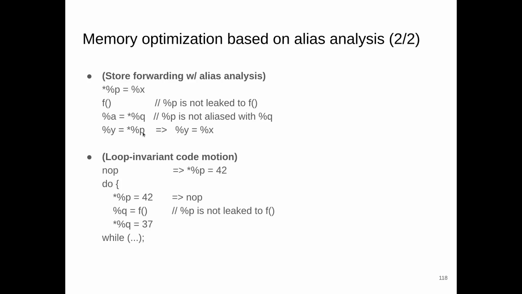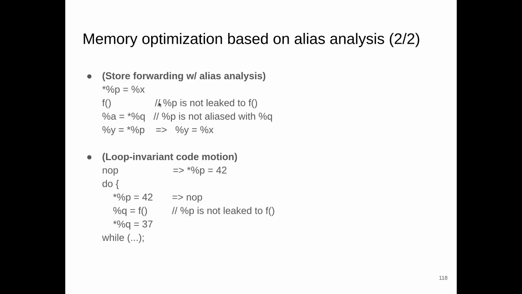So this loaded value should be the value stored here, which is x in this case. So y should equal x, and you can safely replace all the uses of y with x in the remainder of the program. So that is the store forwarding optimization.